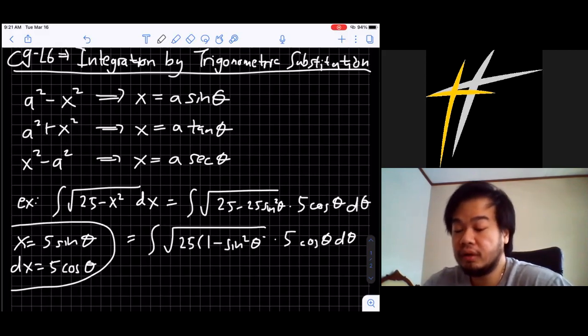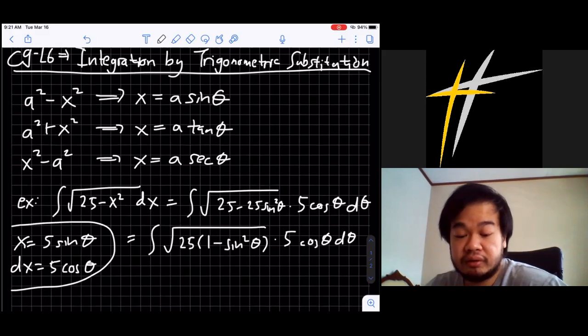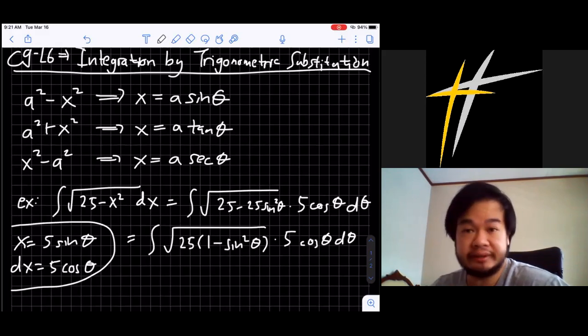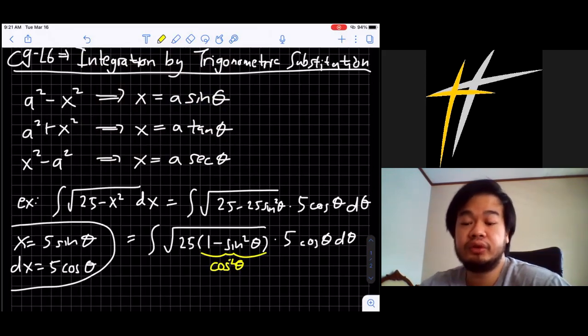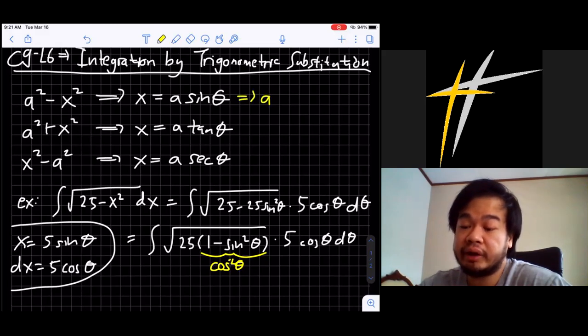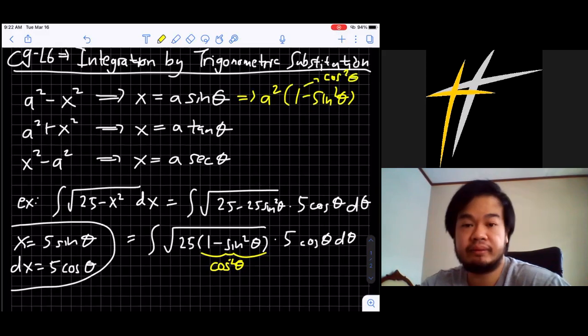Now, this is why for a squared minus x squared we use sine. Because then this will be cosine squared theta. The idea of using sine for the first one is so that we can factor out a squared, leaving 1 minus sine squared theta, which is equal to cosine squared theta. And if it's tangent, I'll just discuss it right away.